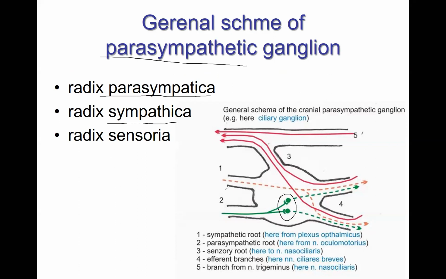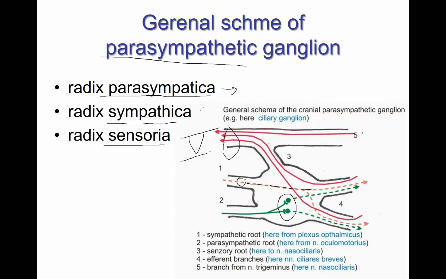The sympathetic root is not synapsed in the ganglion, so it just passes through. And then the ganglion is close to a trigeminal nerve branch, which is somatosensory, so it's the opposite direction.